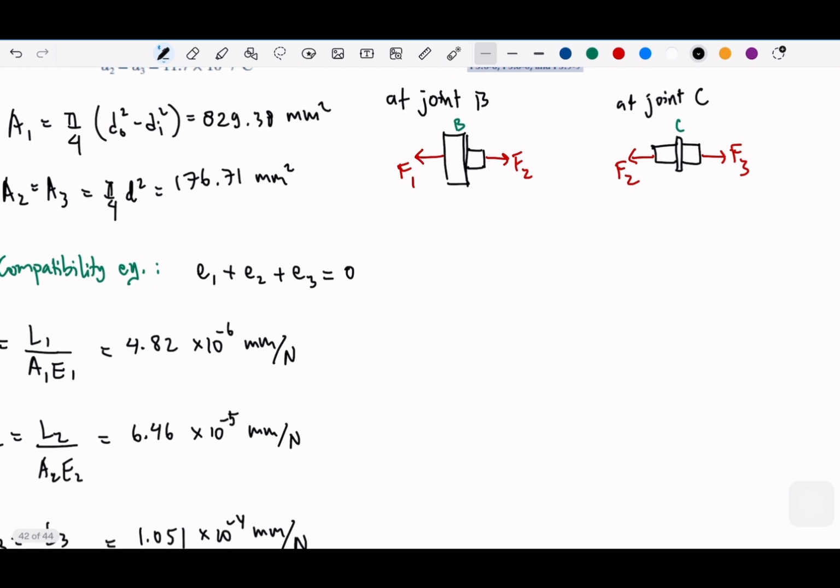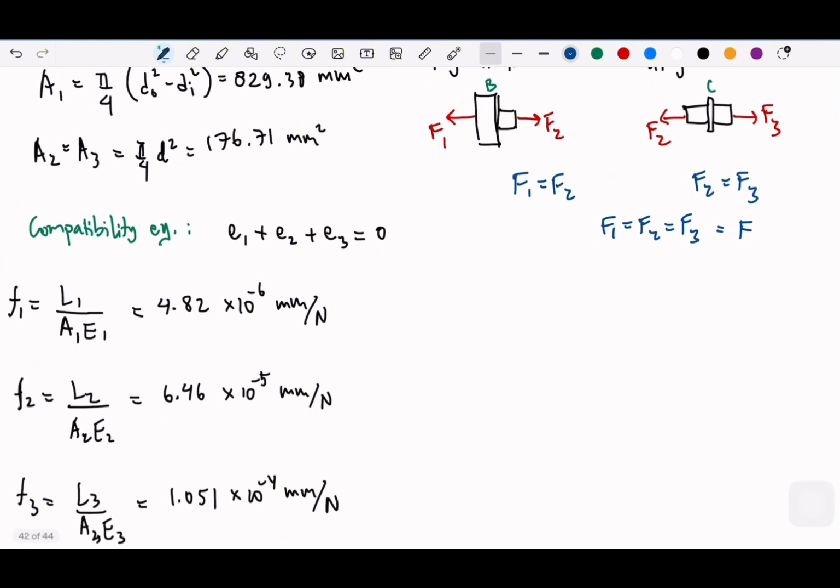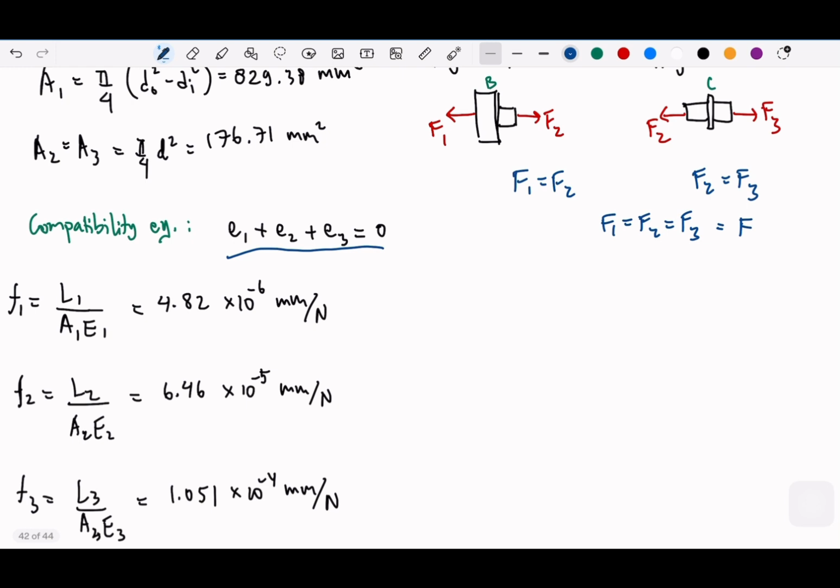Okay, so we have all the component forces, or the F1. And the equilibrium says here, just to make note, that F1 is F2, F2 is F3, which means that F1 equals F2 equals F3. So we can write this as just F, to make it easy. So we have the compatibility, right?